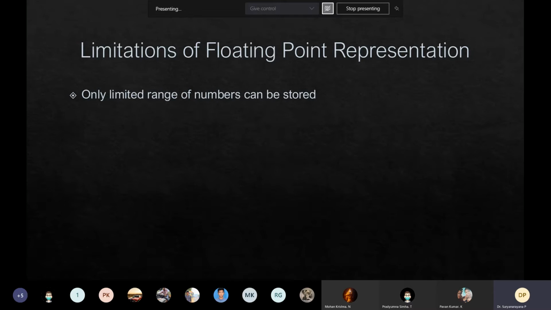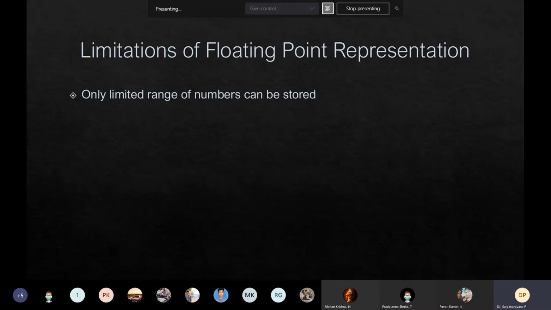You're not fixing the point. You're letting that decimal point come to a certain place. You treat it as a floating one. That's where the terminology comes from. We call it a floating point number.